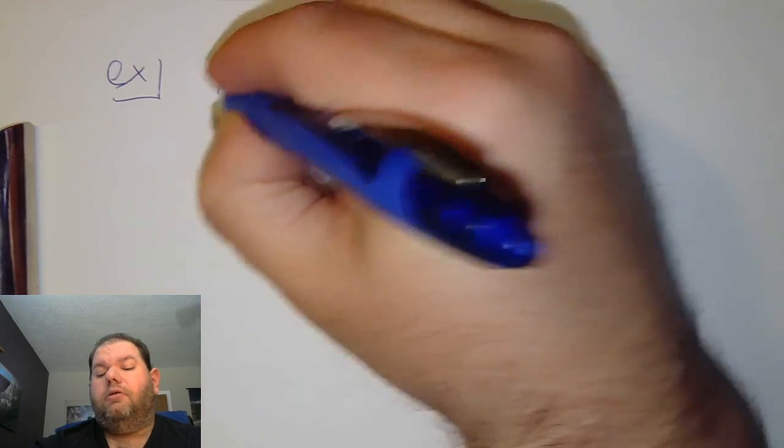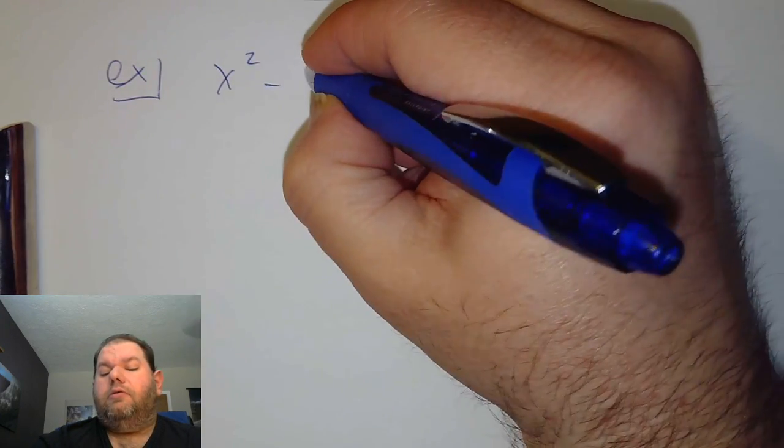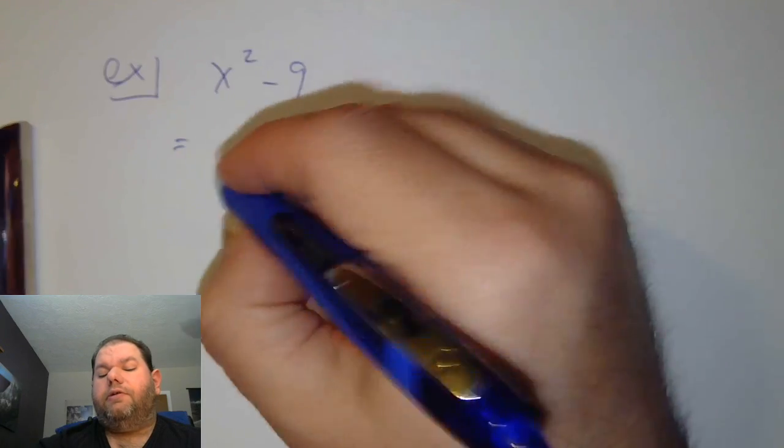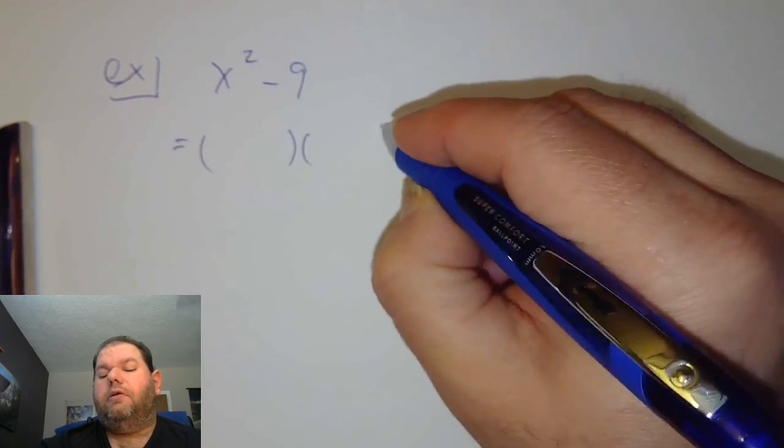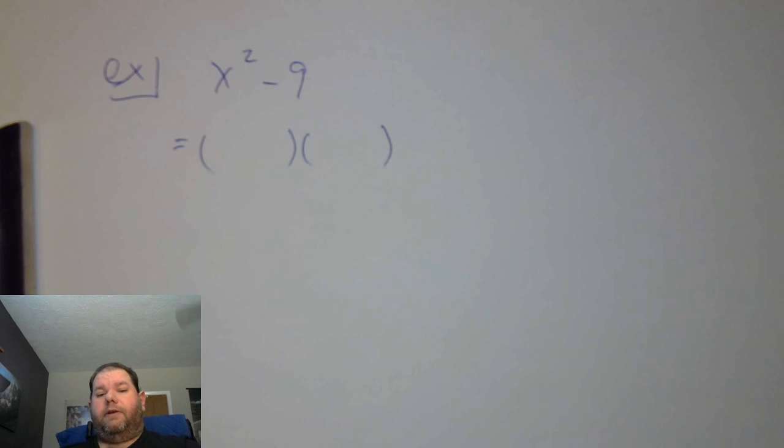So, what is our factorization here? If we have x squared minus 9.